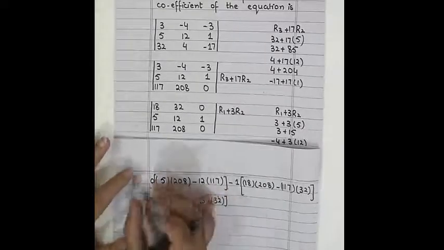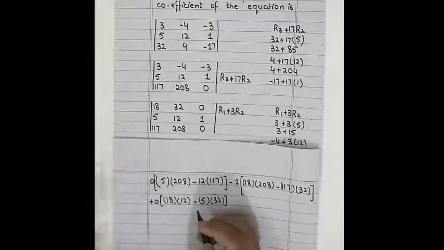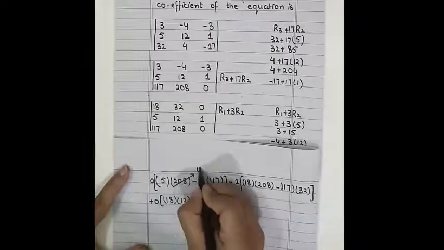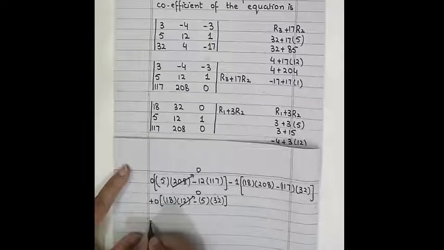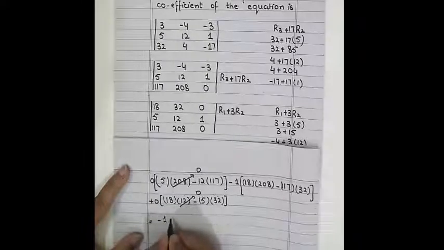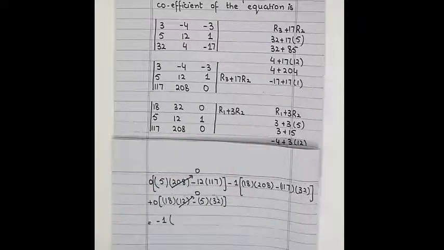Clear? This bracket has 0 outside. Also this bracket has 0 outside. So there is no need to calculate it, because whatever the answer, it would reduce to 0, because 0 multiplied by anything gives us 0. Now we have only this term, minus 1, and we have 18 multiplied by 208.